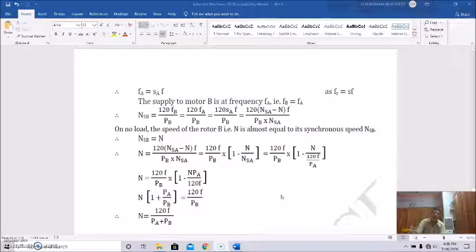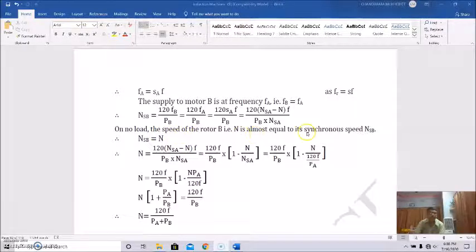On no load, the speed of motor B, the auxiliary motor, where N is the speed of the concatenated set, is almost equal to the synchronous speed NSB. So NSB, the synchronous speed of the auxiliary motor, equals the speed of the set, the speed of the rotor.